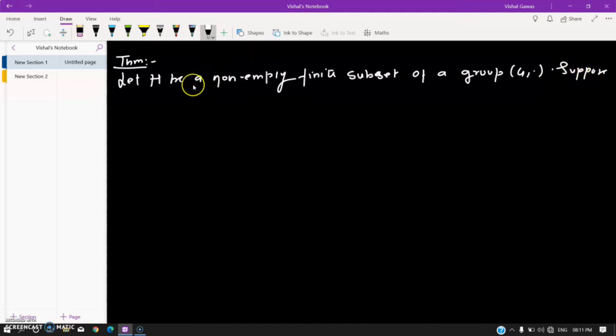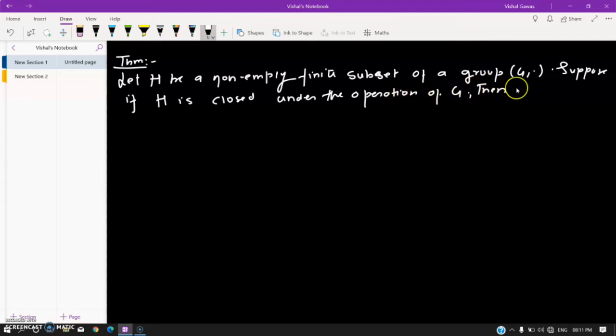Suppose H is closed under the operation of G, then H is a subgroup.